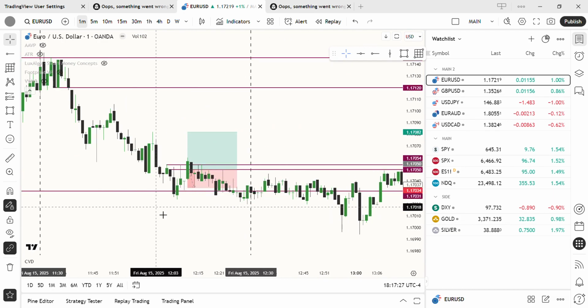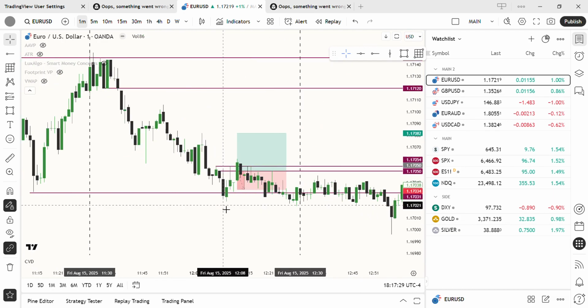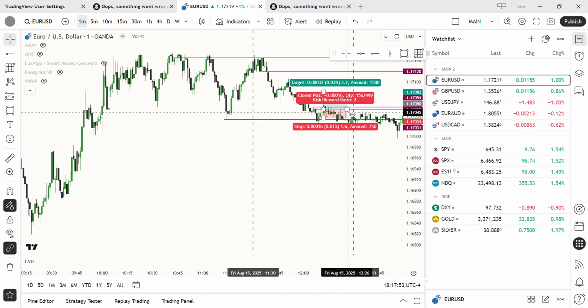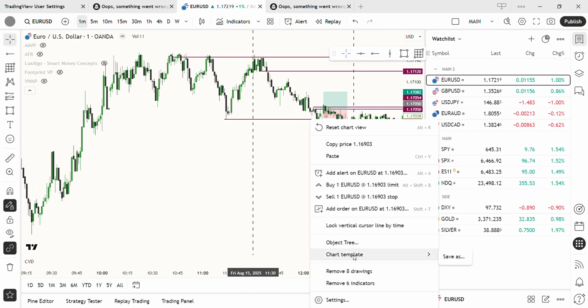Yeah, so I would have lost this trade. August 15th. Lost trade. 1 to 2 R&R. 1.6 to 3.2 pips. It happens. It happens, but it's good to know when.